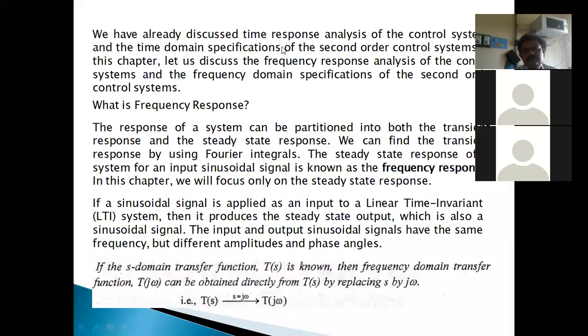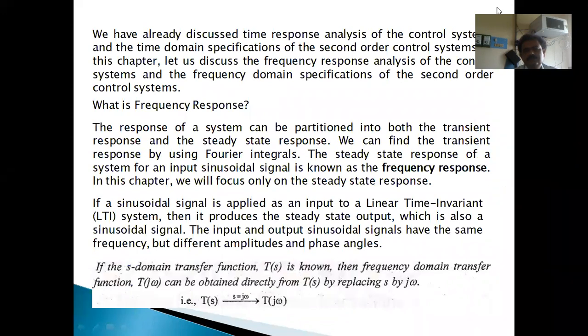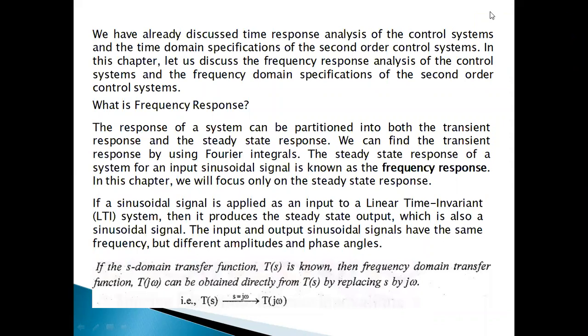We have already discussed the time response analysis of control system and the time domain specifications of second order system. We have derived. Similarly, we have to derive for frequency response analysis.